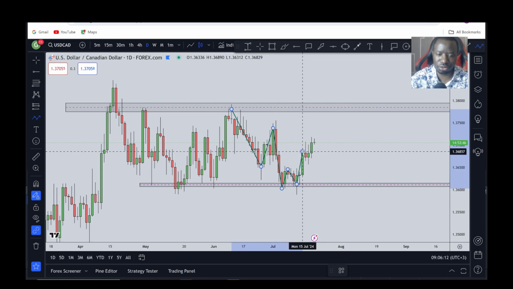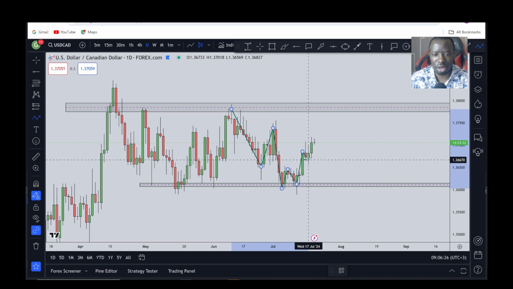In springing to the upside it left behind what we know as a W formation, and after a W formation we expect a retracement to come and retest the neckline, which it precisely did with this bearish candle.